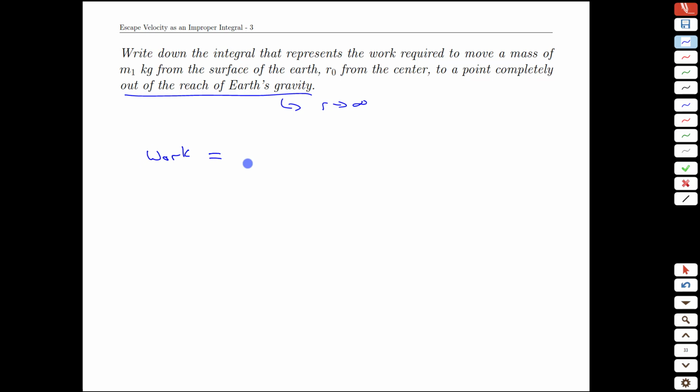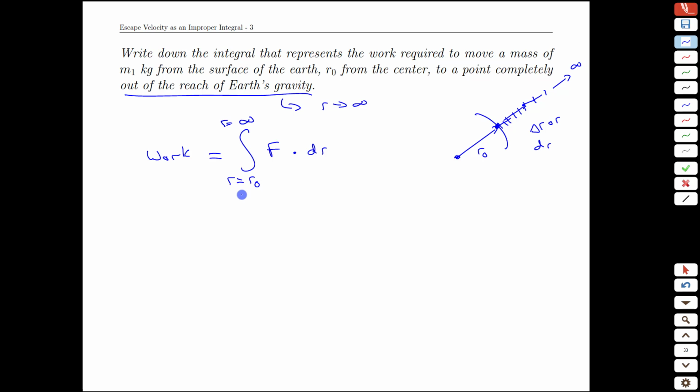And so the work we're talking about here is an integral of force times little units of r, and the initial distance between the 2 points is exactly what the distance is from the center of the Earth to the surface of the Earth, center to the surface. And then we imagine moving up little units of delta r or little units of dr as we move upwards. And we do that all the way out to infinity.